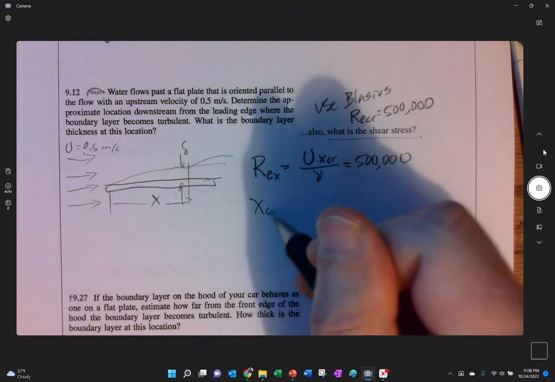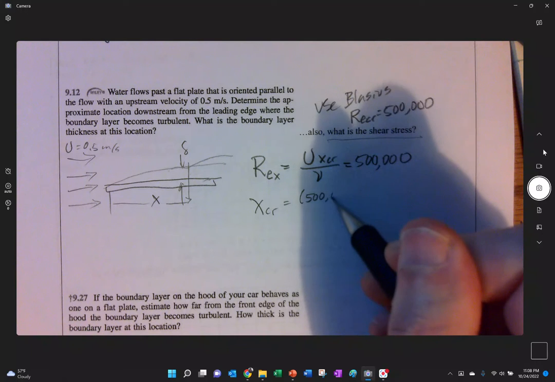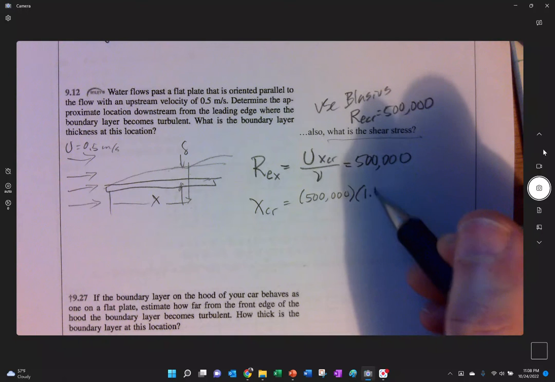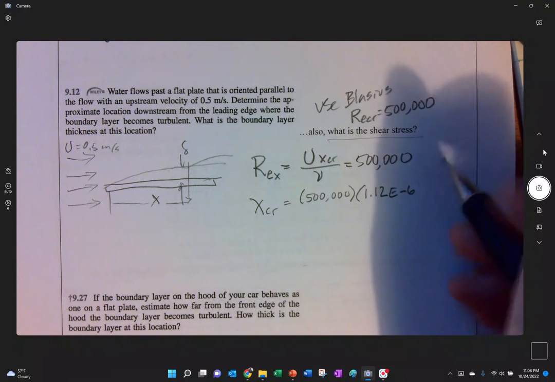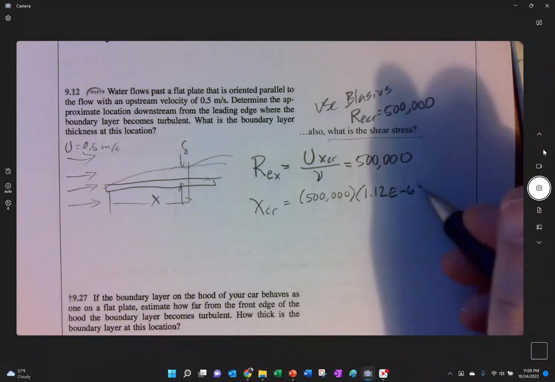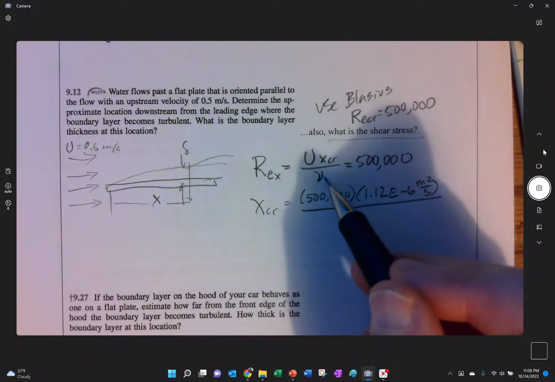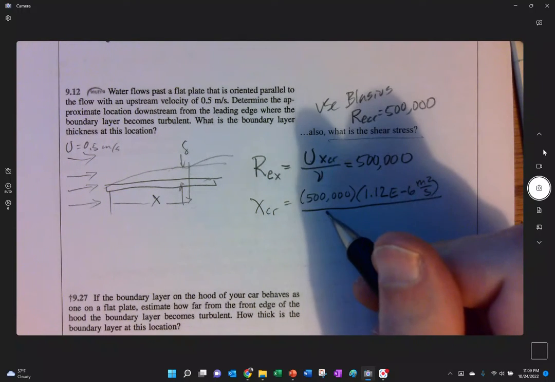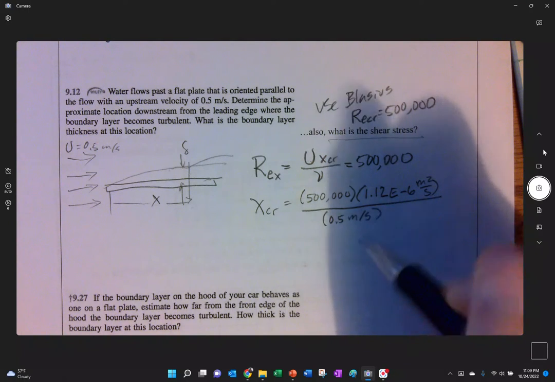We can find X critical by moving things around: 500,000 times the kinematic viscosity of water, 1.12 e to the minus 6 meters squared per second, divided by the speed, 0.5 meters per second, as we said up here.